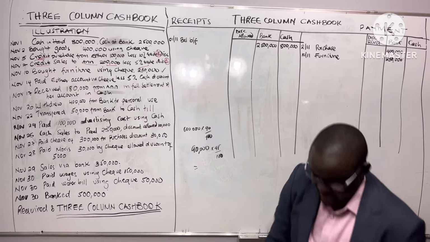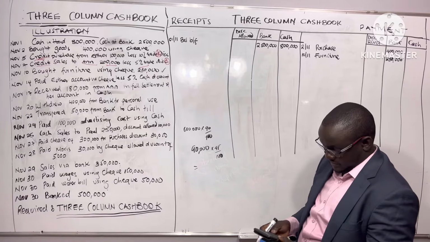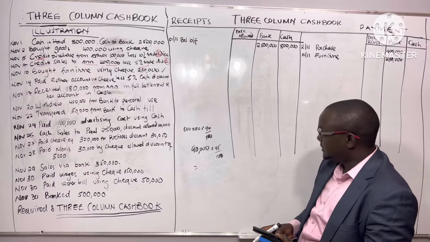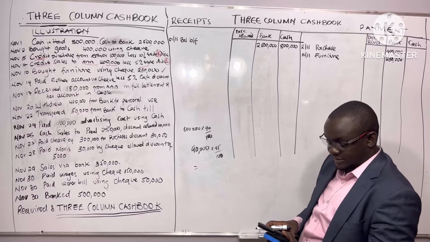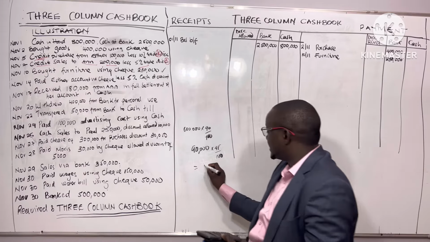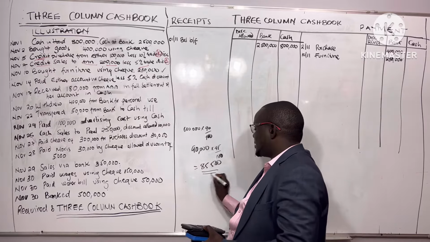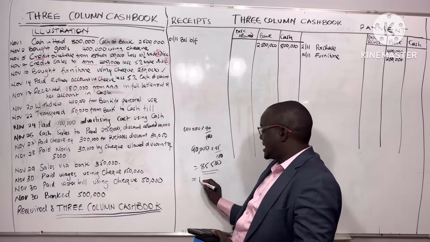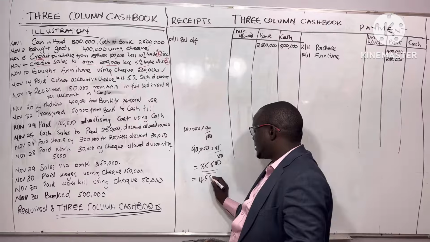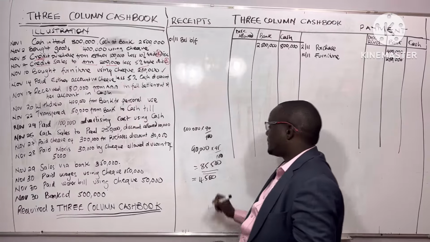We can use a calculator here. 0.95 times 90,000 is 85,500. This is what we are paying Esther. The discount is 4,500.